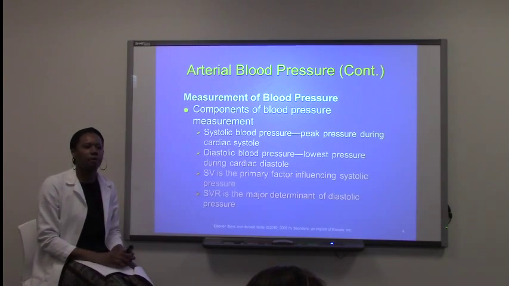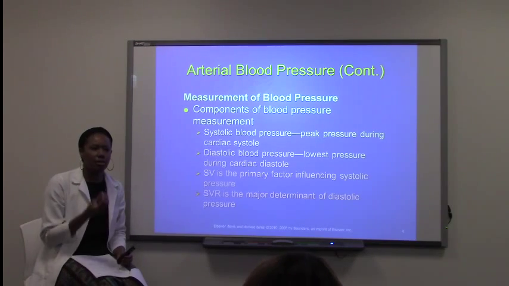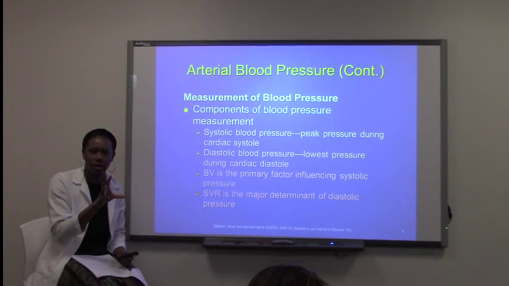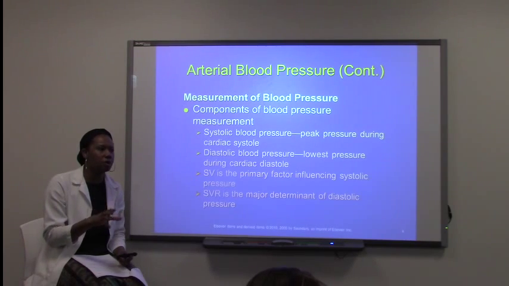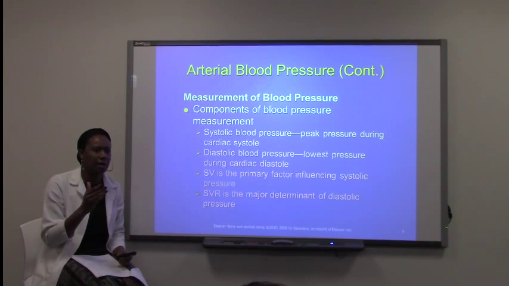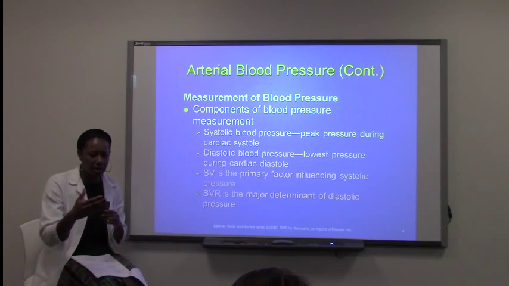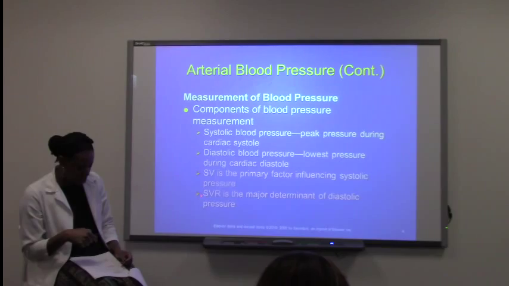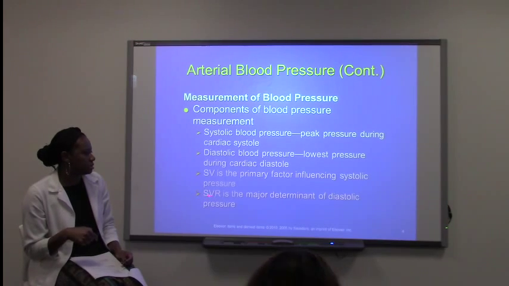So keep in mind, if you remember from physiology, the amount of pressure that happens from that left ventricle pushing that blood out through the aorta, okay? It's a very good amount of volume of blood that's leaving. The next thing we have is called systemic vascular resistance, okay?